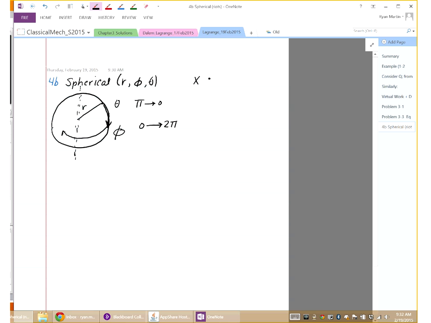You can look these up in the front of books, and they are very prevalent, which I am thankful for. Your x is r sine theta cosine phi. Your y is r sine theta, or sorry, not cosine, it's actually sine phi.